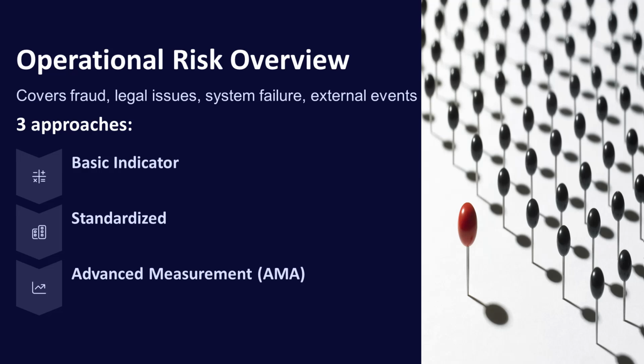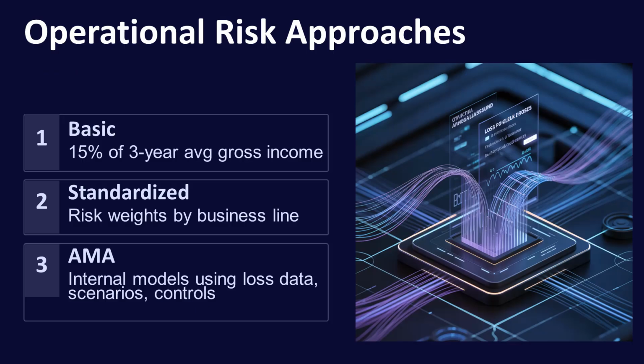Operational risk capital requirement. Operational risk includes losses from system failures, internal fraud, legal issues, or external disruptions. Basel II offered three methods to capture this. Basic indicator approach: a simple formula applying a fixed percentage to average gross income over 3 years.